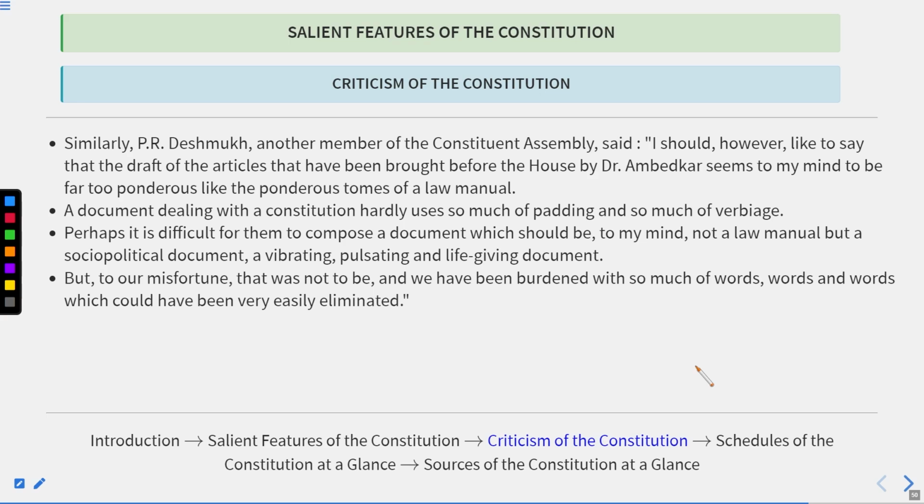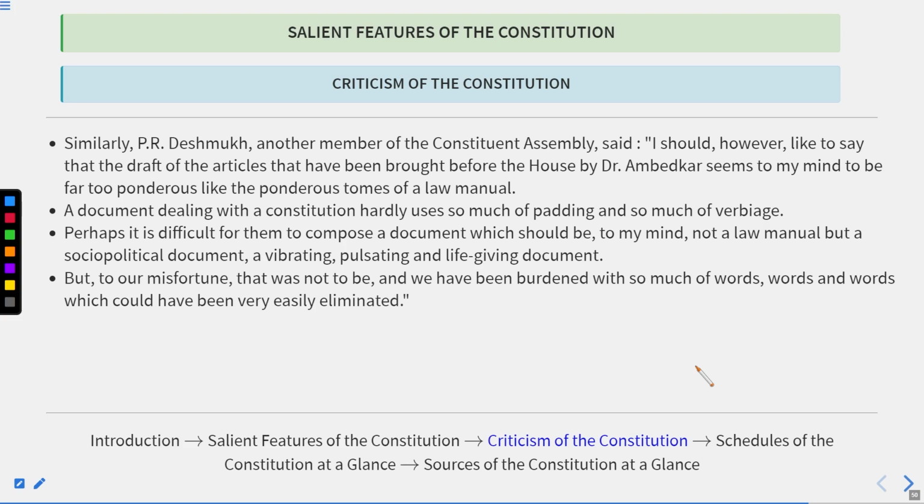Similarly, P.R. Deshmukh, another member of the assembly, said, I should, however, like to say that the draft of the articles that have been brought before the House by Dr. Ambedkar seems to my mind to be far too ponderous, like the ponderous tomes of a law manual. A document dealing with the constitution hardly uses so much padding and so much verbiage.